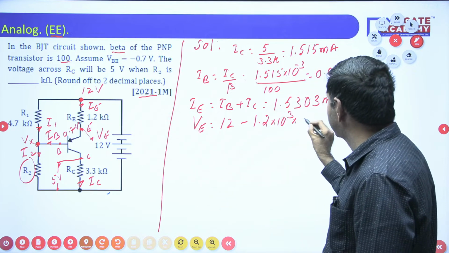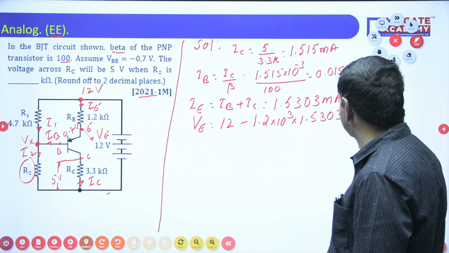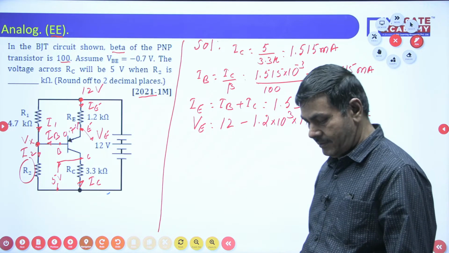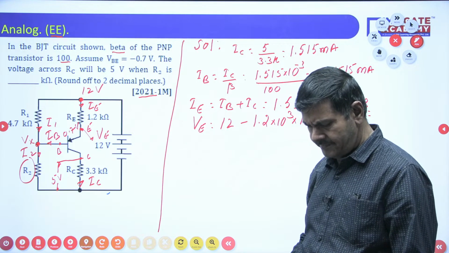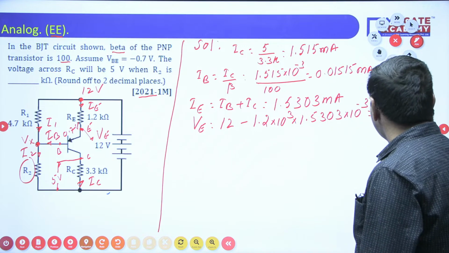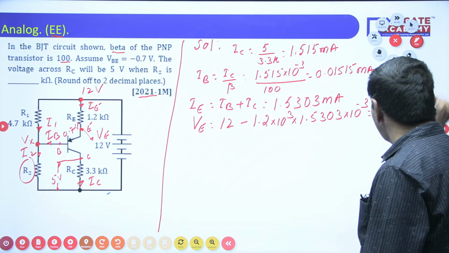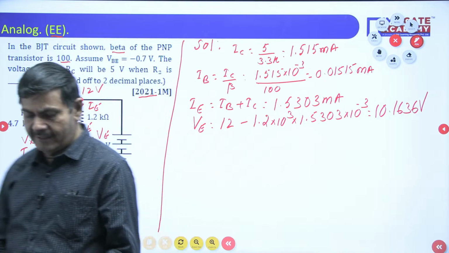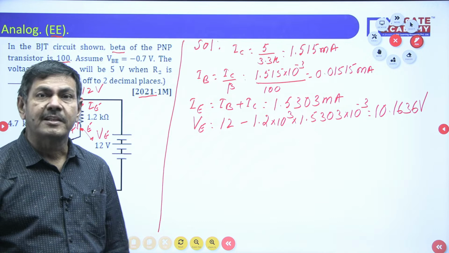IE is 1.5303 milliamperes of current. On simplification, you will get VE as 10.1636 volts. That much voltage is possible here.